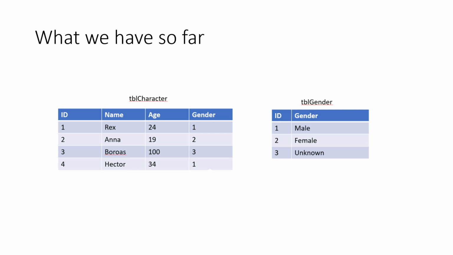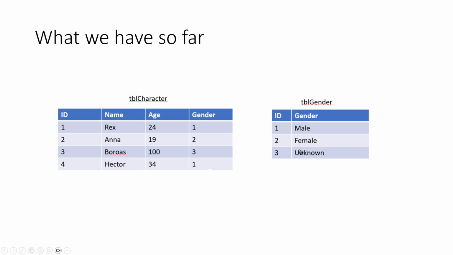Okay, so what do we have? We have two tables. Both of them have primary key columns, this one and this one. One has the name in nvarchar 50, I believe, age in int, and a gender ID column, which I need to rename, which is also an integer, and this accepts null, whereas these don't.